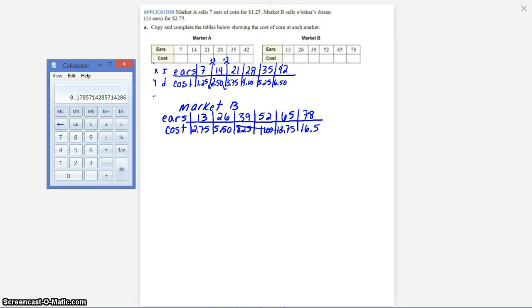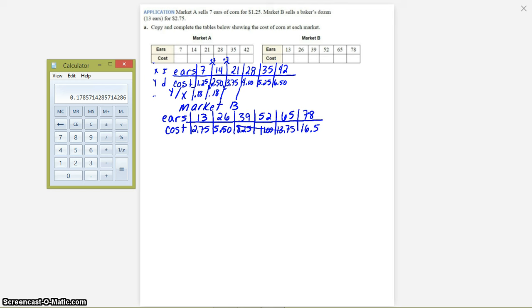If I take Y and divide it by X for each one, I should get 0.18. Let's try it for the 2.50. We divide it this time by 14, and we get the same. Each of these is just a fraction, and when we have equivalent fractions, the ratio is the same, right?